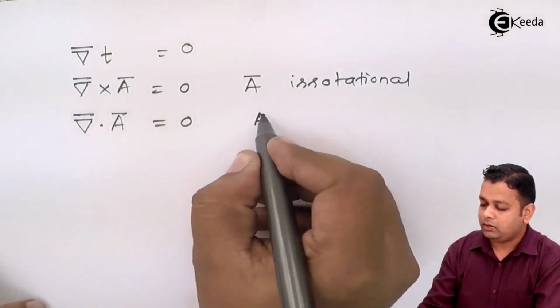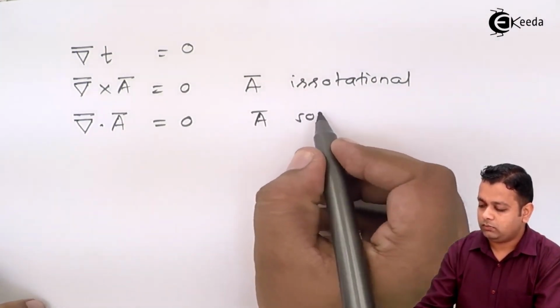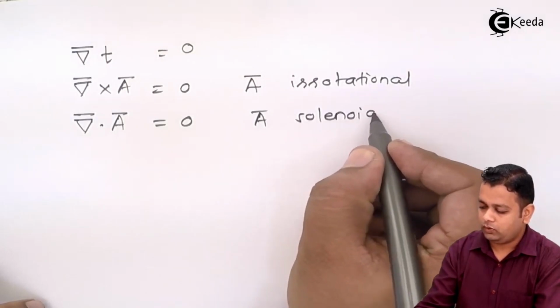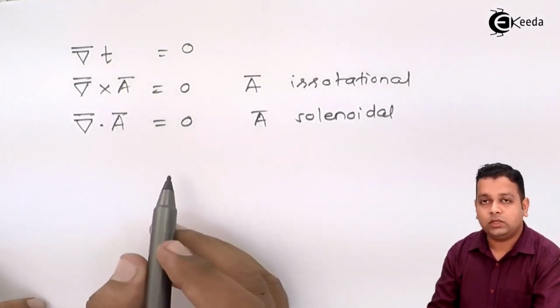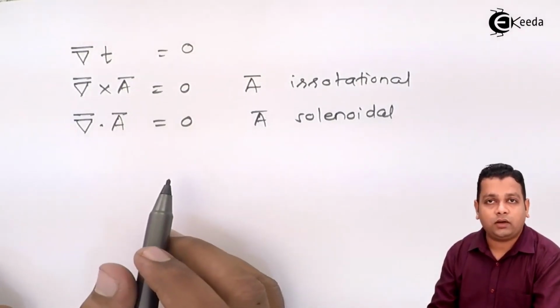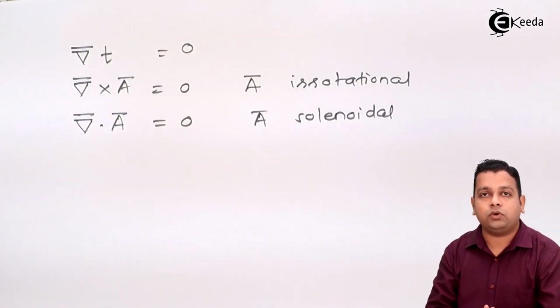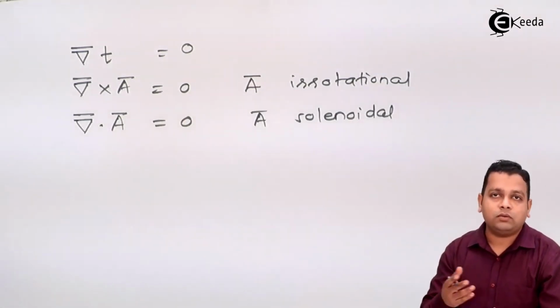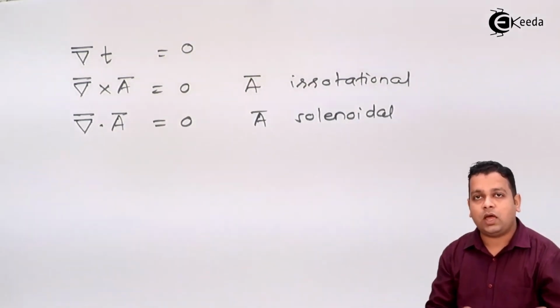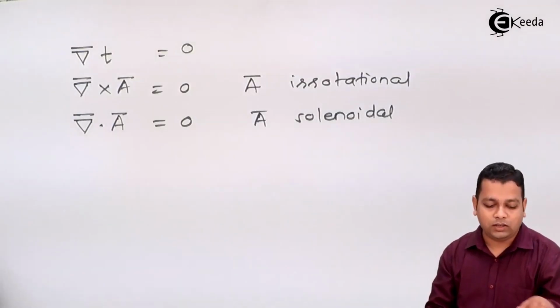So A bar in such case is called a solenoidal field. Now along with this, we discuss certain vector identities which will be helpful in solving certain numericals or analyzing further derivations. So let us have a look at some vector identities.